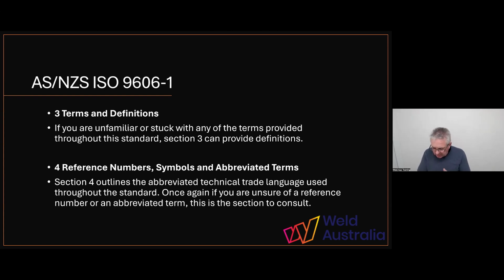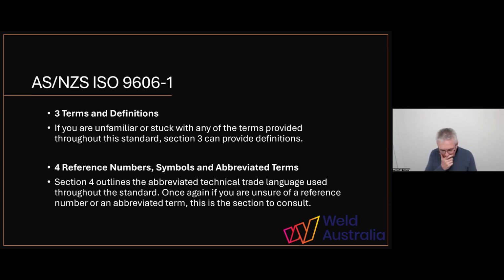When you're looking at terms and definitions, they're talking about the welder: person who holds and manipulates the electrode holder, welding torch and blowpipe by hand. You know what I mean? Manufacturer, examiner, examining body, material backing. These are some of the terms they're referencing, and what they mean as we go through the standard.